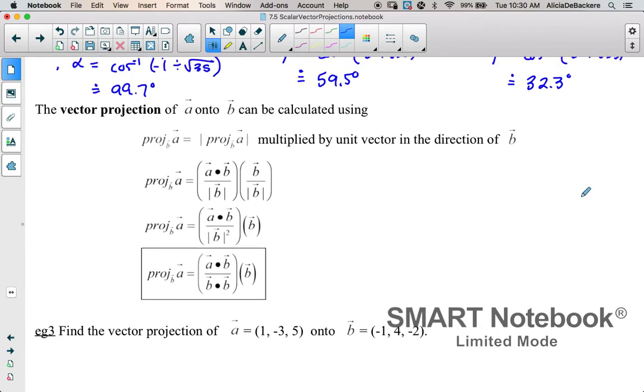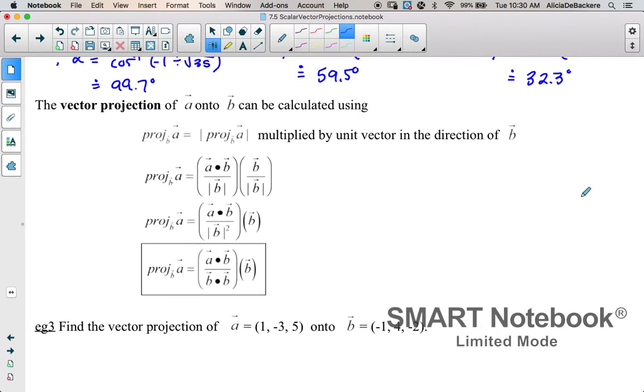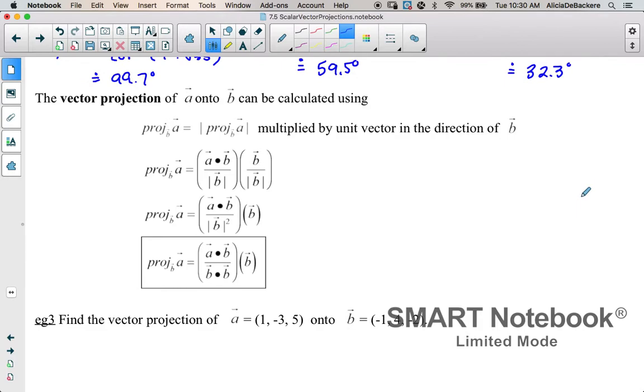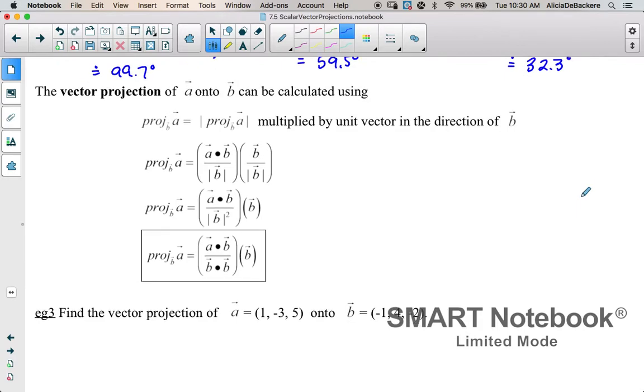All right, so that was all scalar projection type of stuff. Next, we're going to be talking about vector projections. So when I want the vector projection, we're going to build up to the formula, thinking about how I will find the vector projection. This is the notation here for the vector projection.